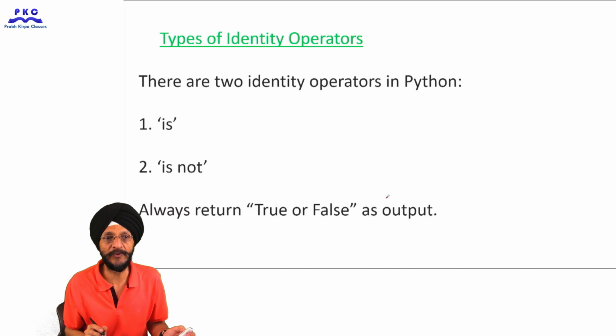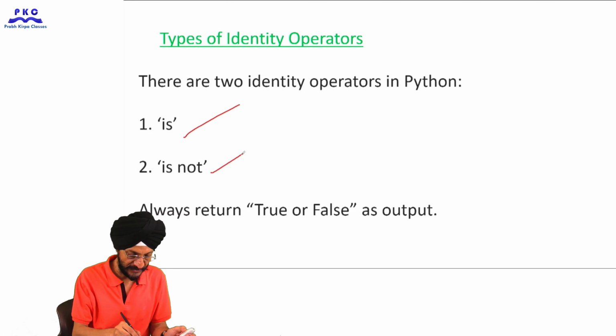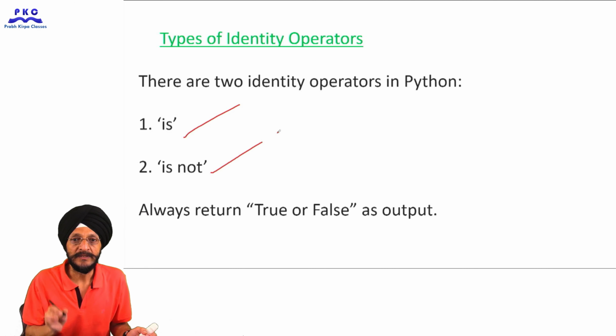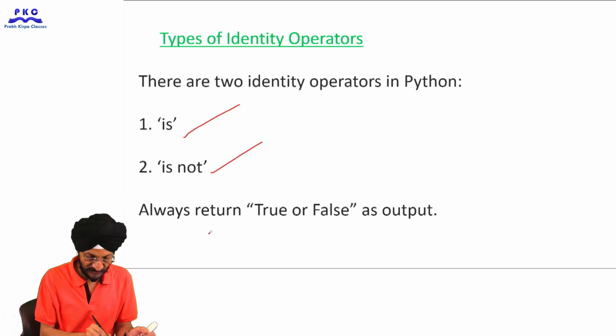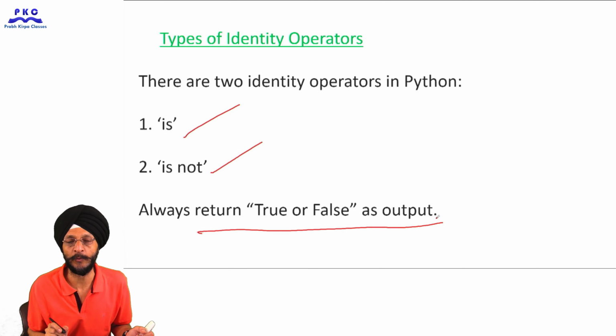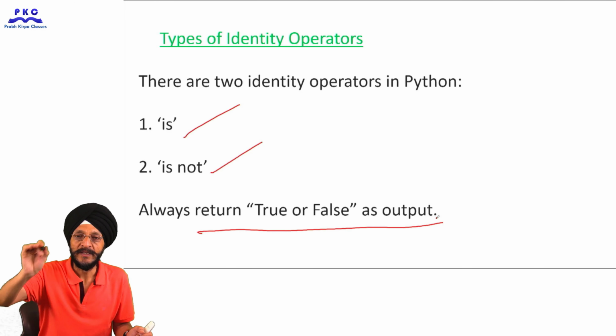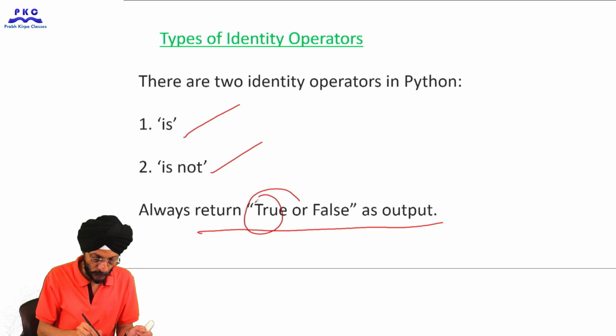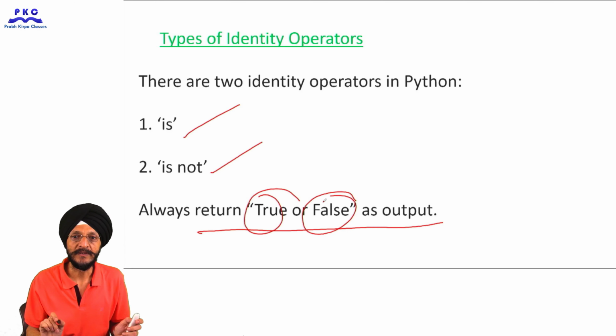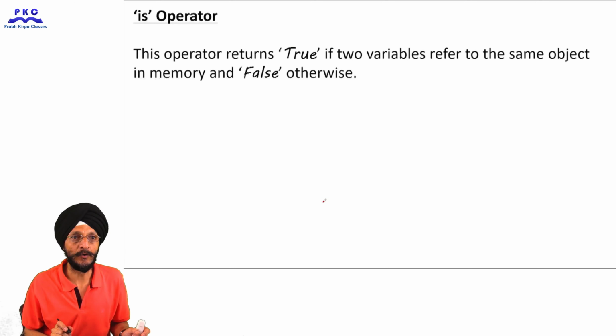The two types of identity operators in Python are is and is not. Both these operators always return true or false as output. When we find A is B or A is not B, the output will always be true or false, one of the two. Now, we discuss the is operator.